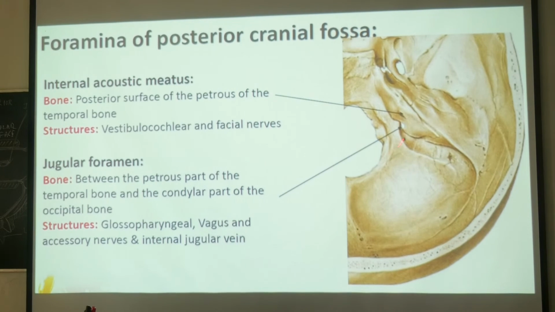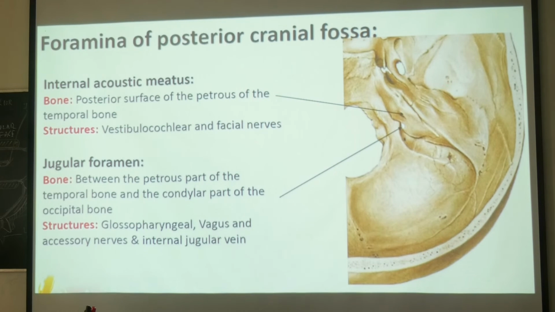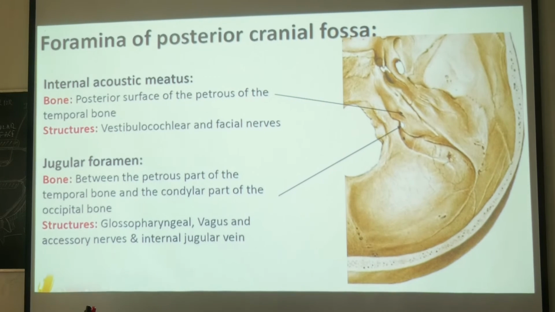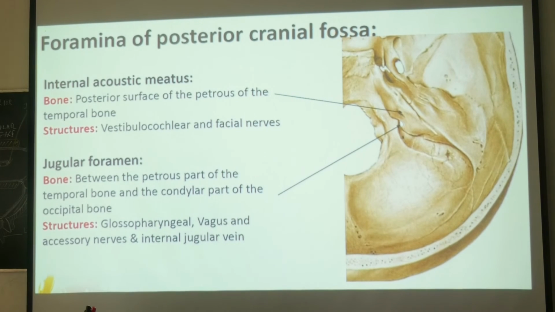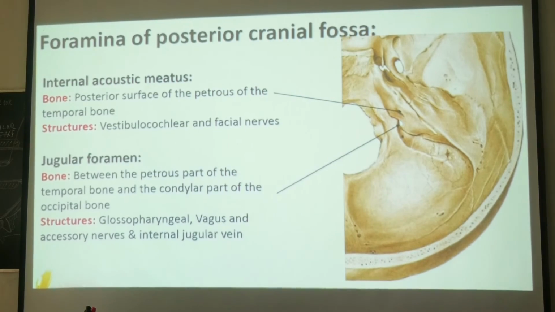These two pass through this internal acoustic meatus. Then they enter into the middle ear cavity. After passing through this area, facial nerve comes out through the stylomastoid foramen. Middle ear cavity is lying within this petrous part of temporal.